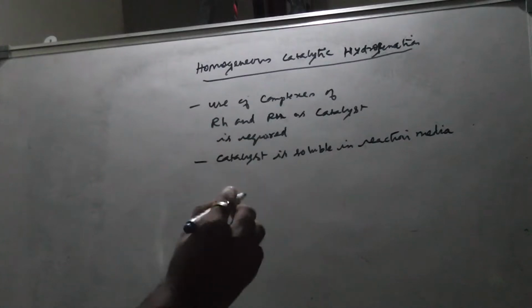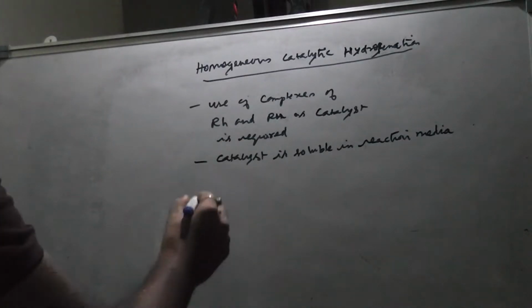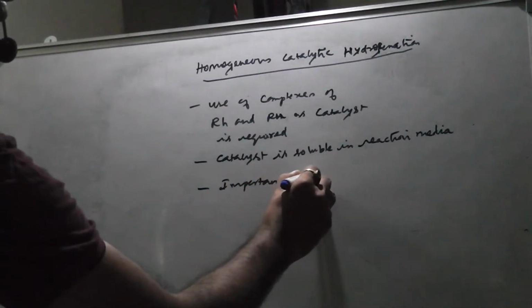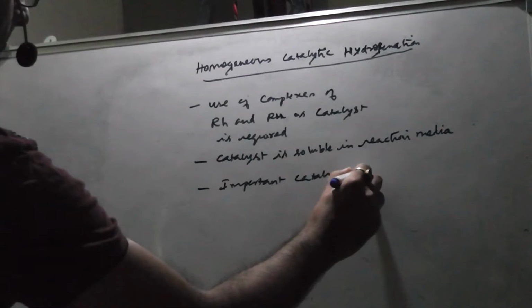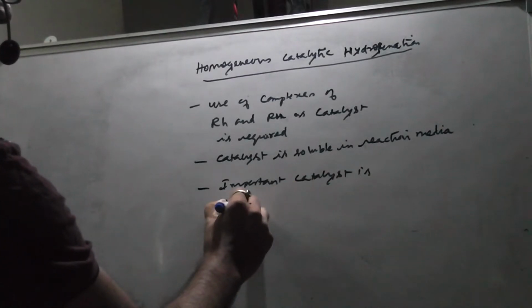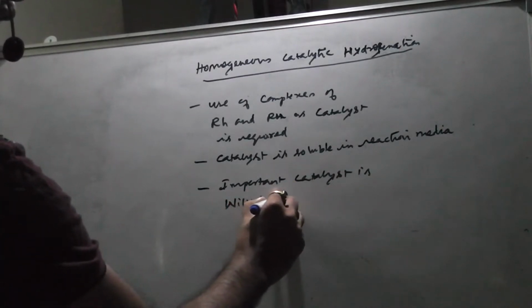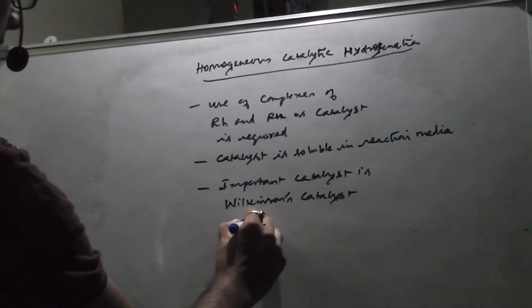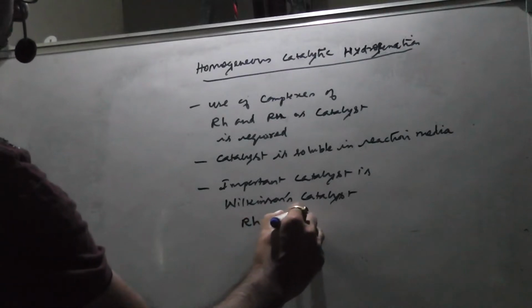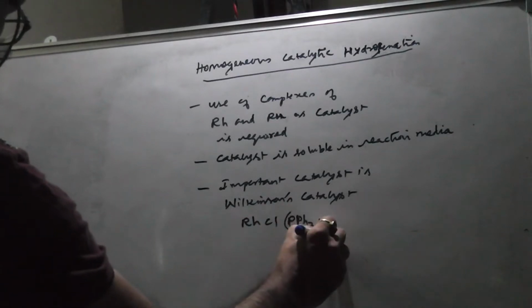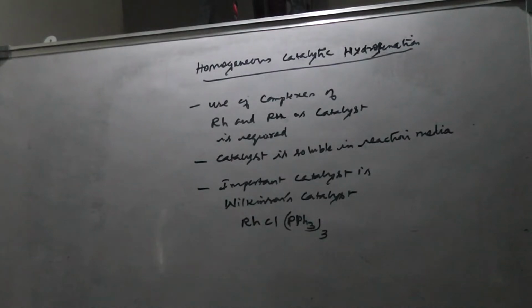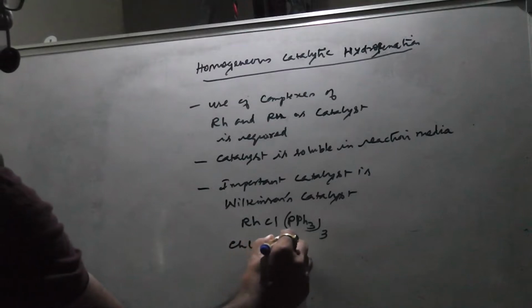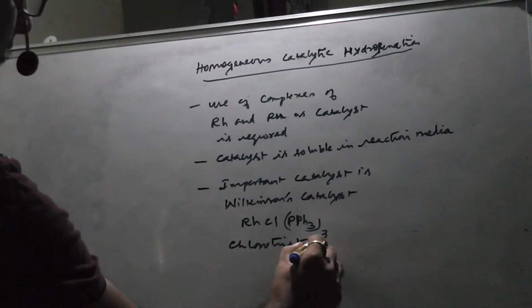So the important catalyst is Wilkinson's catalyst. Wilkinson's catalyst is RhCl(PPh3)3, called chlorotris(triphenylphosphine)rhodium.